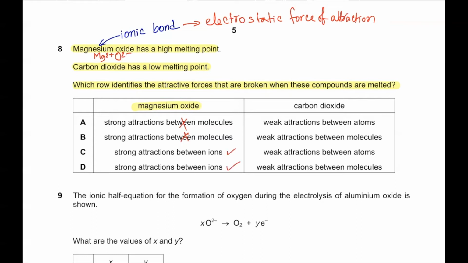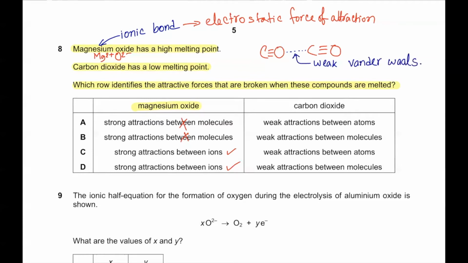And in carbon monoxide, carbon and oxygen have a triple covalent bond. However, between one carbon monoxide and another carbon monoxide, there is only a weak force. There is only a weak van der Waals force of attraction. The specific type of force we don't need to know.